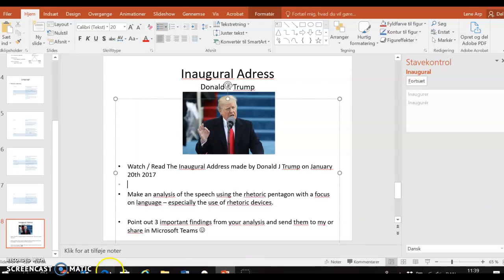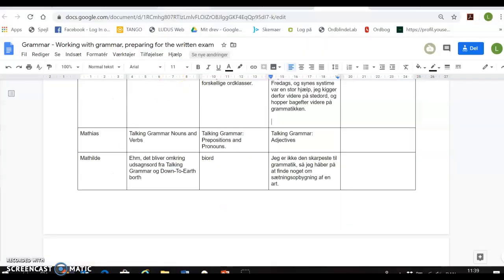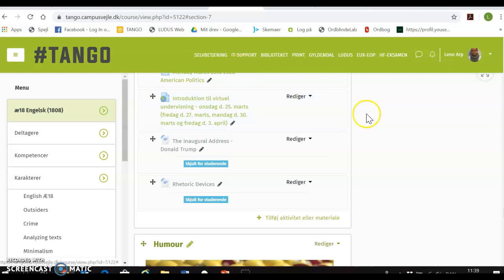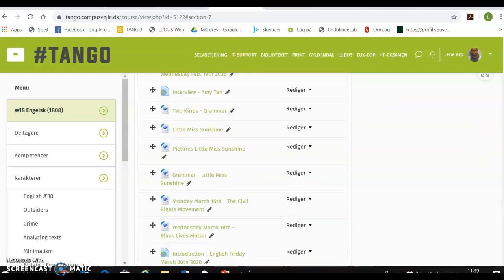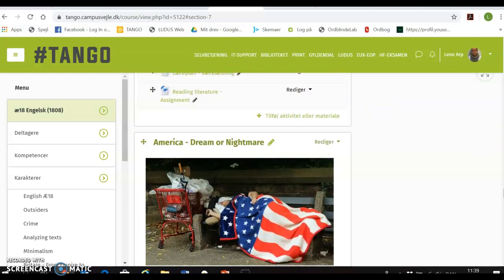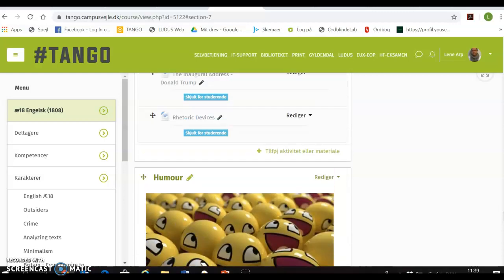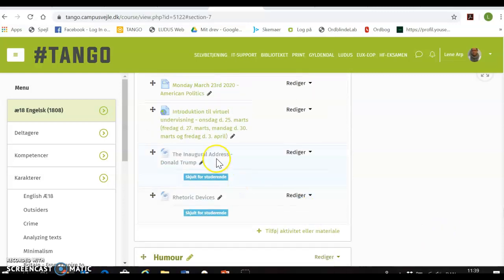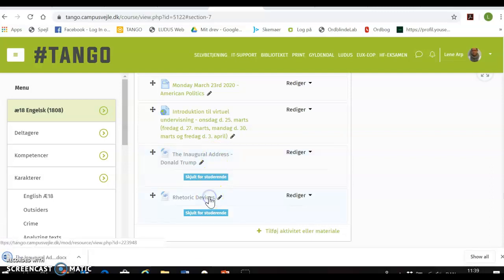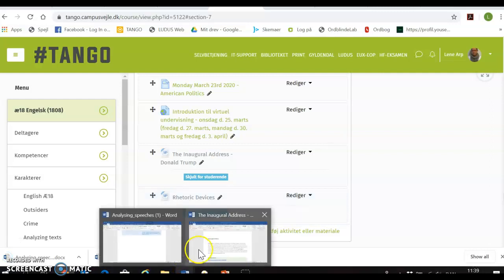And as mentioned before, I'll just show you where to find it. If you go to your English room in Tango, American Dream or Nightmare, in the bottom here you have both the inaugural address and also the speeches.